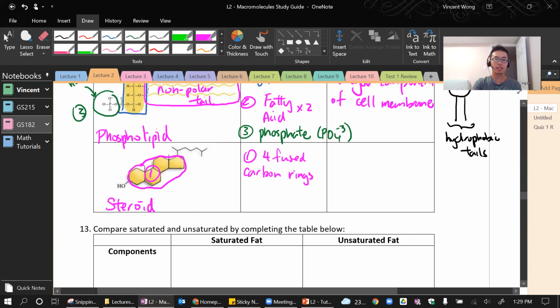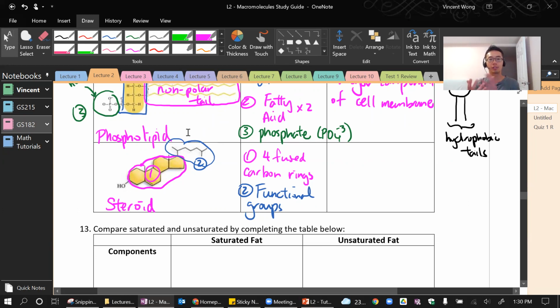And then we're gonna have these things that you stick on them, and we call them functional groups. Okay. So think of the 4 fused carbon rings as your phone, and then the functional group would be like an accessory that you put on it. Maybe you put on a case, maybe you put on a Bluetooth or something.